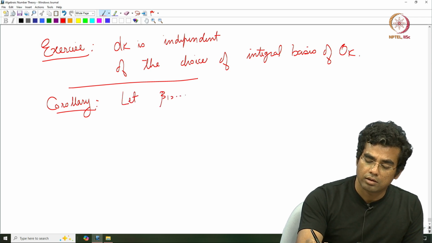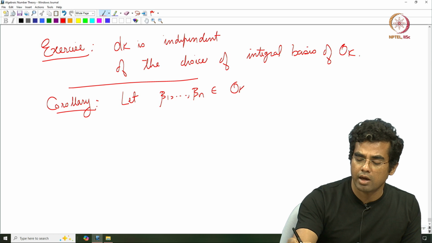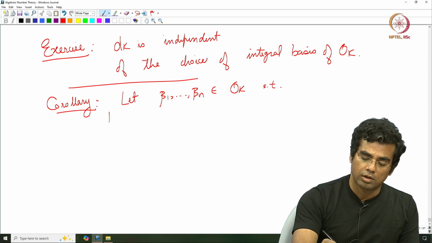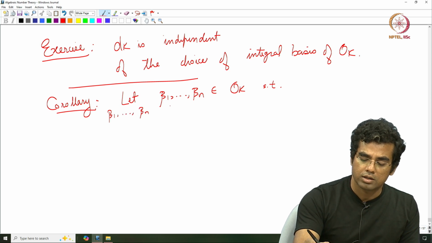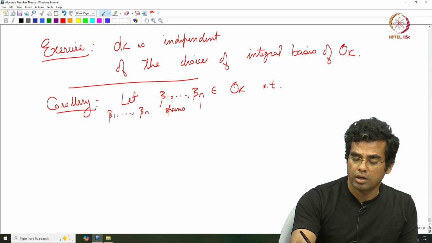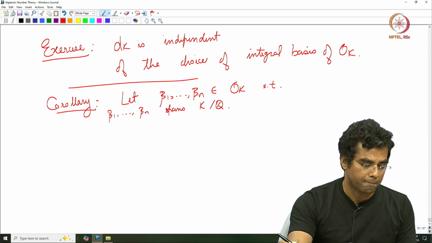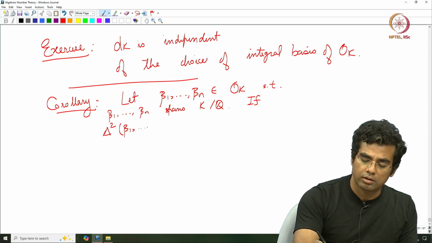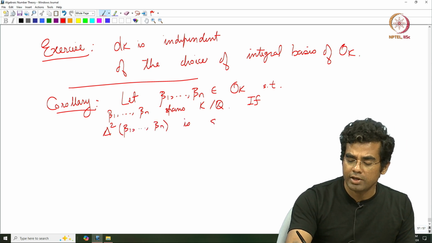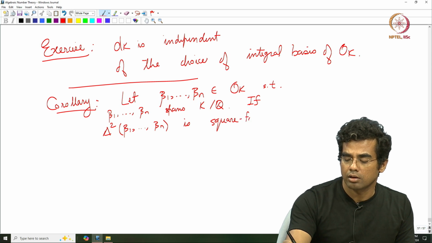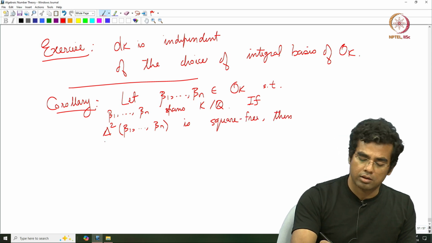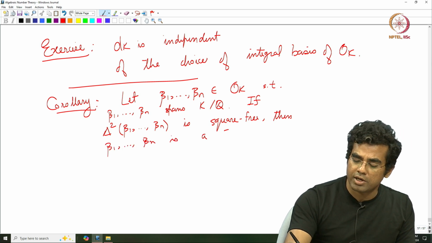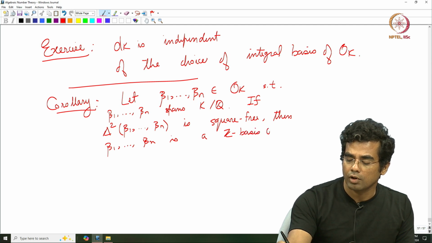Let beta 1 up to beta n be in O_K such that beta 1 up to beta n spans K over Q. If delta squared of beta 1 up to beta n is square free, then beta 1 up to beta n is a Z basis or integral basis of O_K.